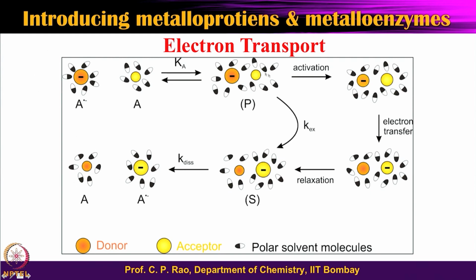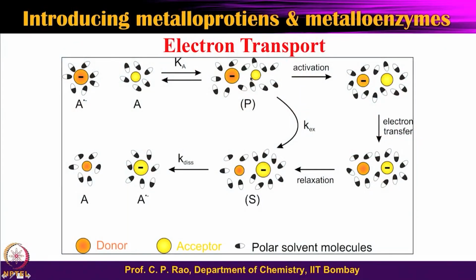You can also have the ground state complex get into an activated complex, or transition state complex. How will it happen? It can happen by some change in the conformation, a change in the structure of this ground state complex. So, the ground state complex can undergo a conformational change and become an activated complex, and instead of the electron transfer in the ground state, the electron transfer would take place in the activated complex.